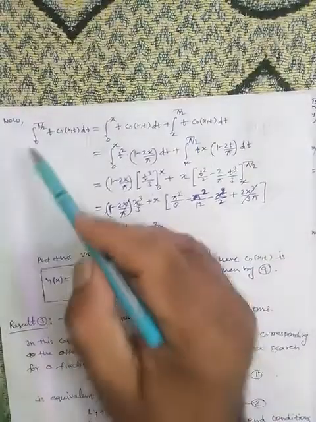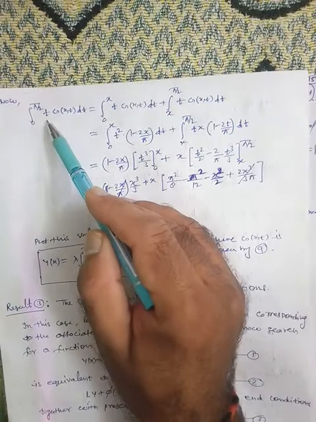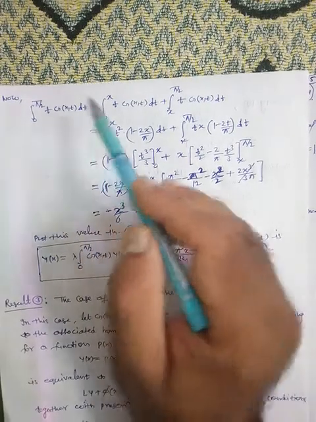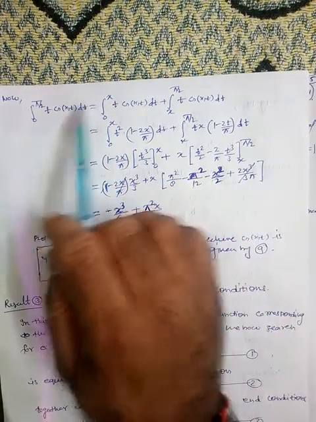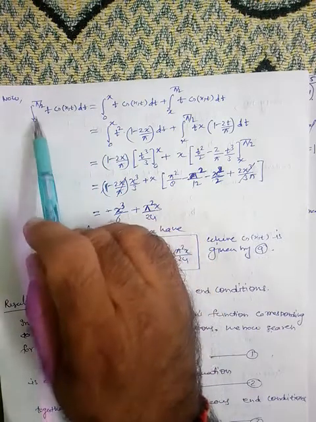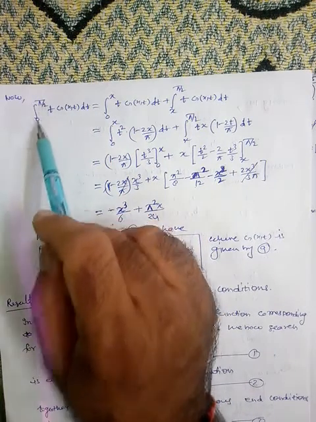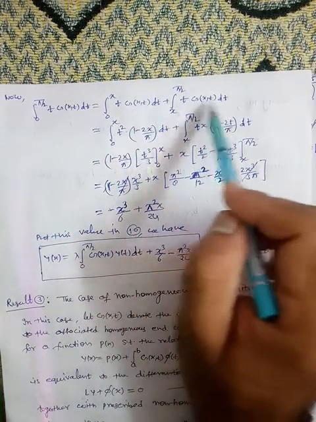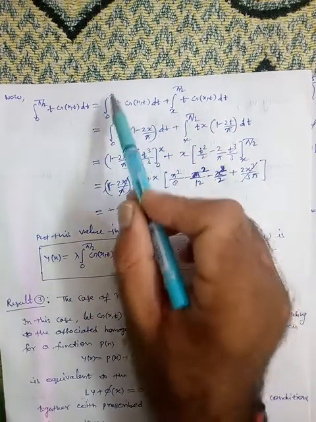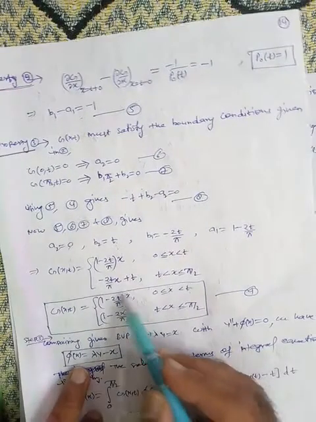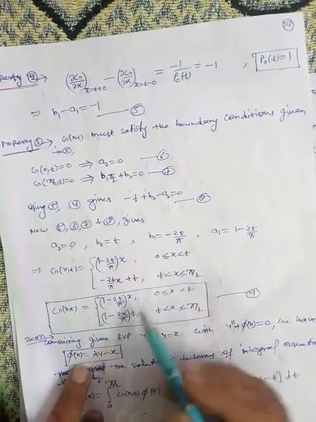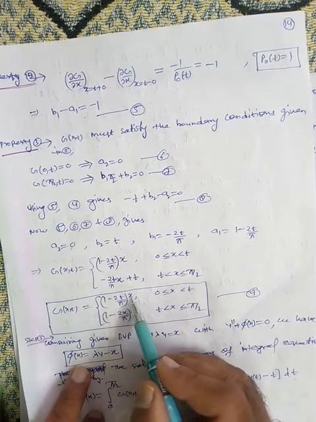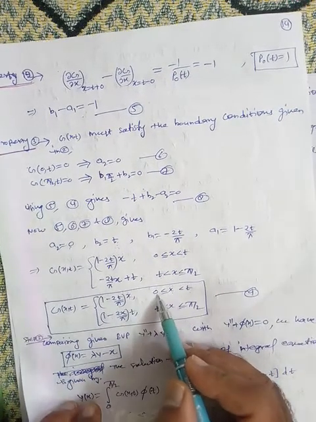So consider this integral, 0 to pi by 2, t g(x,t) dt. Now in this range, just divide this range into two parts, 0 to x and x to pi by 2, t g(x,t) dt. But in this range 0 to x, g is here. Again interchange x and t, so it will become (1 minus 2x by pi) t, and then t varies from 0 to x.